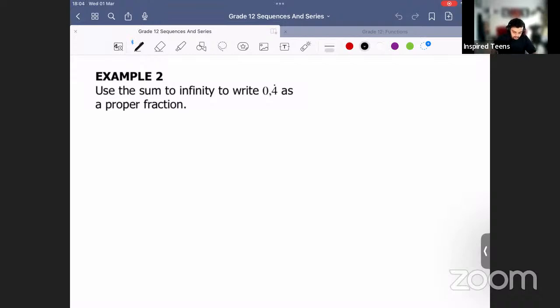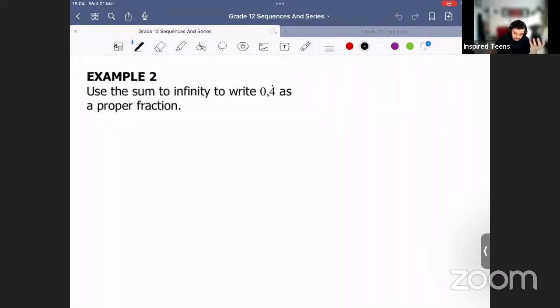Okay, cool. So it says use the sum to infinity to write 0,4 recurring as a proper fraction. Remember, 0,4 recurring just means that the 4 continues forever and ever: 0,4, 4, 4, 4, and so on. So this is a bit of a challenging question.